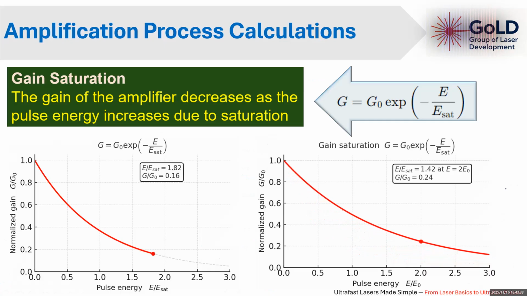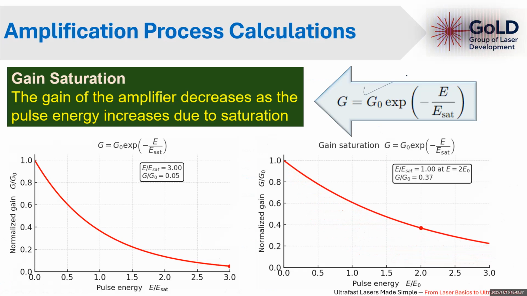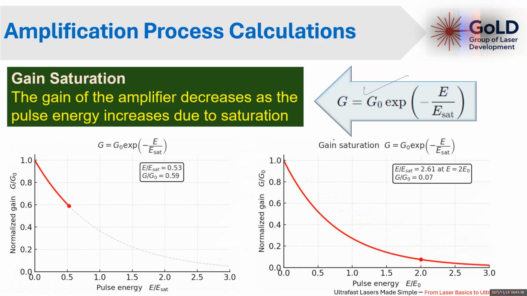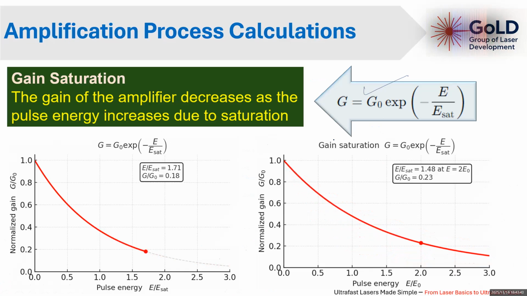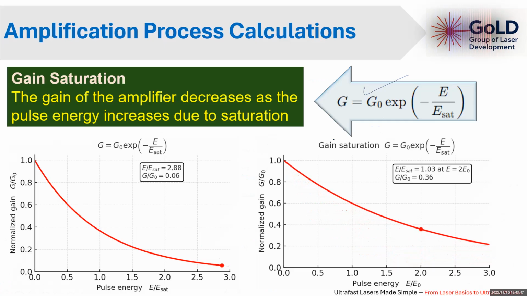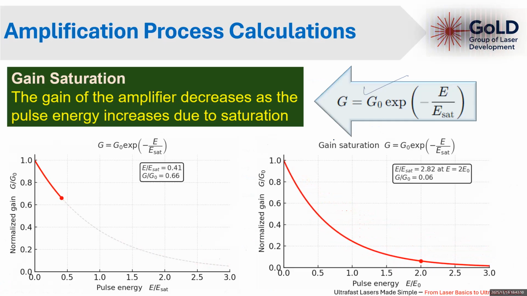The formula you can see on the right side is G equals G naught exponential E over E saturation. So the gain of the amplifier decreases, as I mentioned to you.